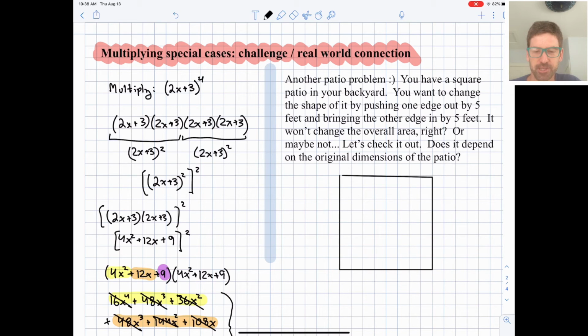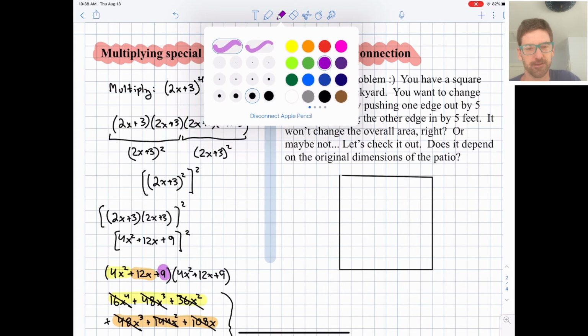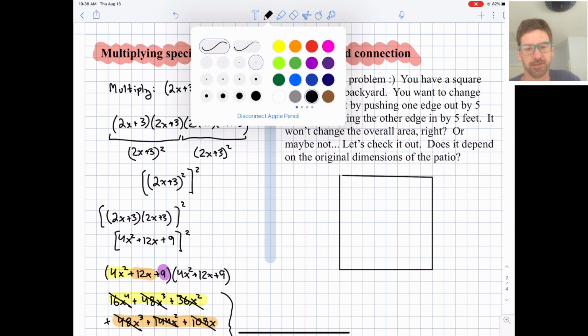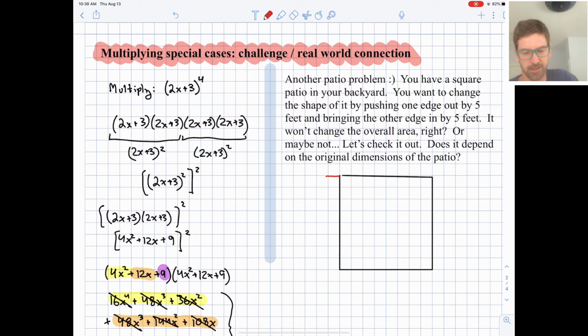We want to change the shape of it by pushing one edge out by 5 feet and the other edge in by 5 feet. Okay, so let's see. We want this to be bigger, so we're pushing it out by 5 feet. But then we're bringing this edge in by 5 feet.